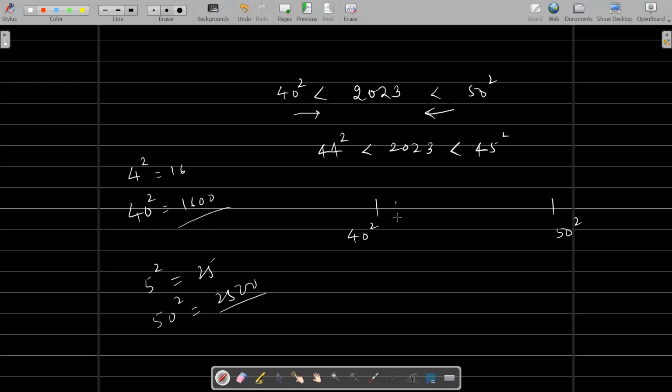So for example, here you check 41, here you check 49, here you check 42, here you check 48, and so on. So ultimately you'll find that 44 square is smaller, 45 square is larger. So they are consecutive squares. Okay.